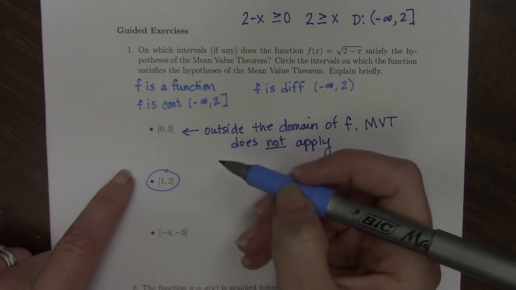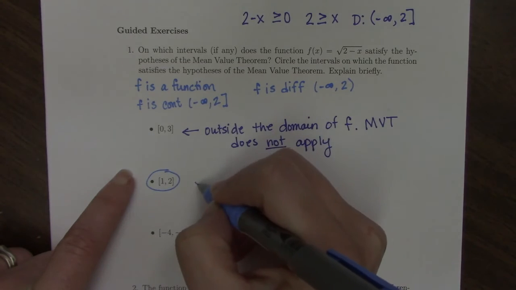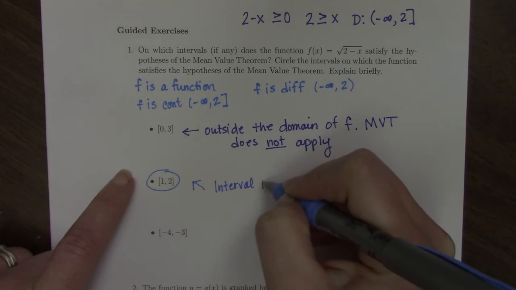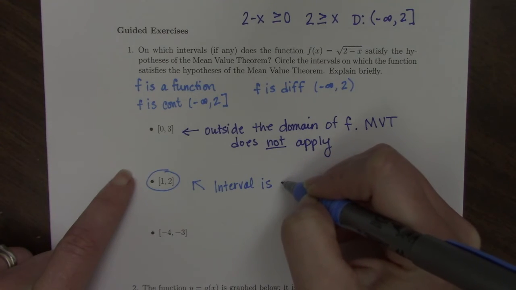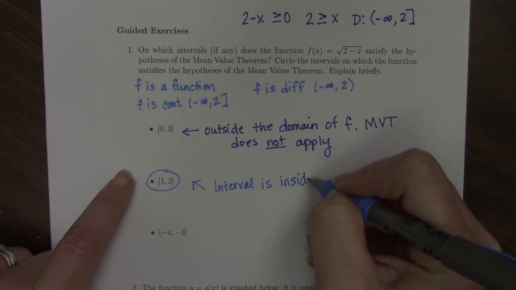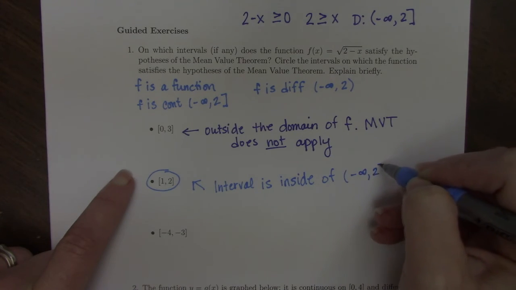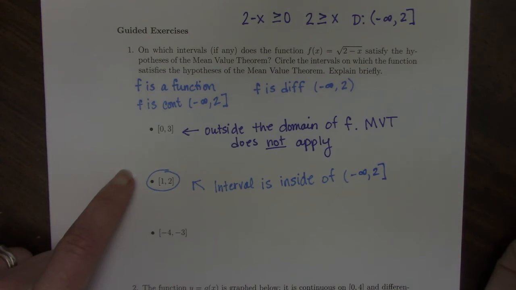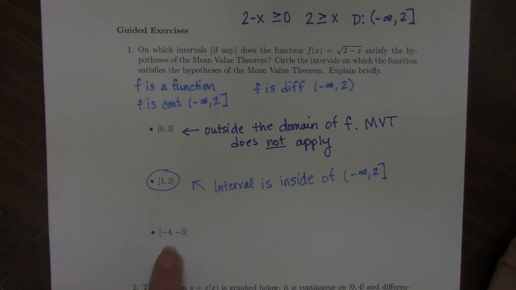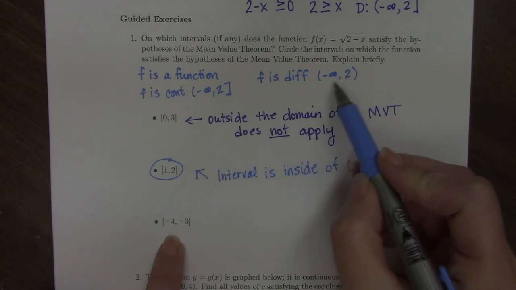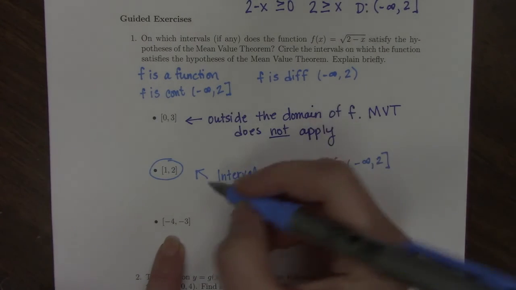So this applies. So it works. Here, -4 to -3 is also inside our desired intervals.